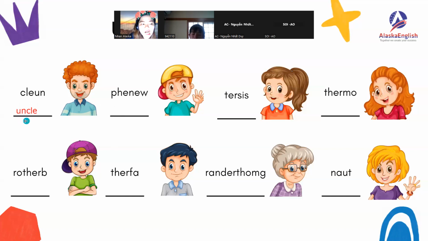Can you spell uncle? U-N-C-L-E. U-N-C-L-E. All right. Next, we have here, who is he?